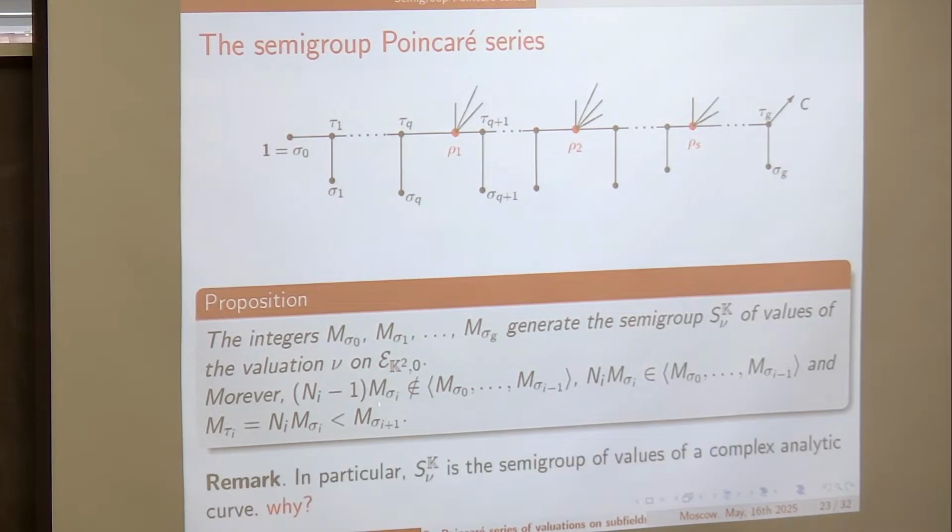In particular, these properties imply that the semigroup is the semigroup of values of a complex analytic curve. I remind you that you have some complex curve at the beginning generated by the small m's. Here we have big m's, which are much bigger. But again, this is the semigroup of values of a complex analytic curve. It's the same case as in the case of the reals.